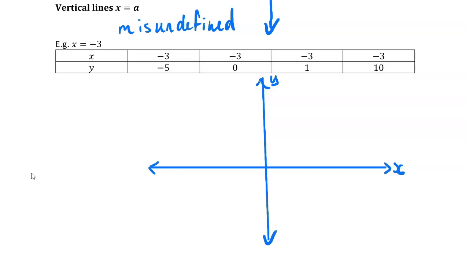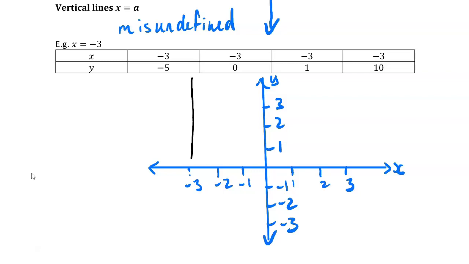And put my scale on. -1, -2, -3, 3, 1, 2, 3, -2, -3, and our graph will look like that. That is x equal to -3.